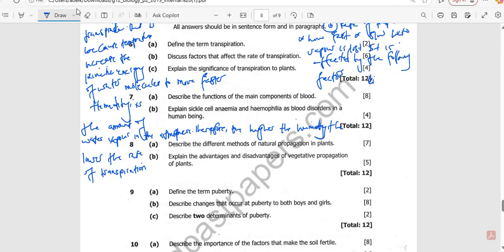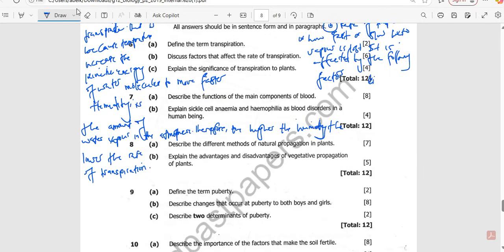This means that humidity is inversely proportional to the rate of transpiration. When there is enough water vapor in the atmosphere, the plants will not be forced to release more vapor into the atmosphere to cushion the pressure. No wonder we are saying that the higher the humidity, the lower the rate of transpiration. But if humidity is lower in the atmosphere, the plant will lose more water vapor into the atmosphere in order to increase humidity. So this is another factor.